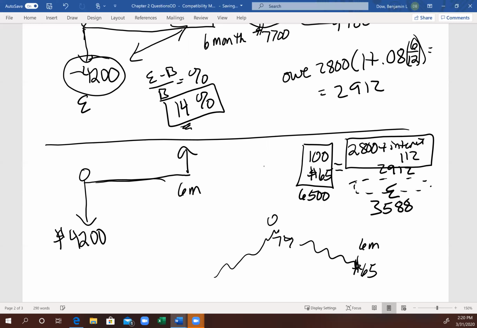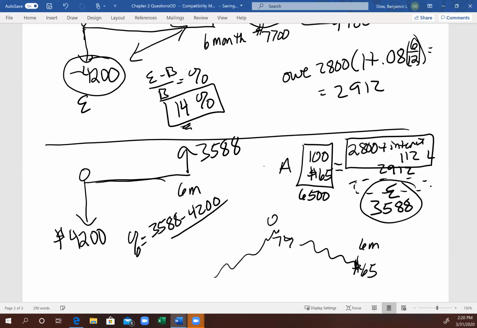Assets equal liability plus equity. Solve for equity. So if we started at 4,200 and ended up at 3,588, our percentage return is not good. Negative 14.6%.